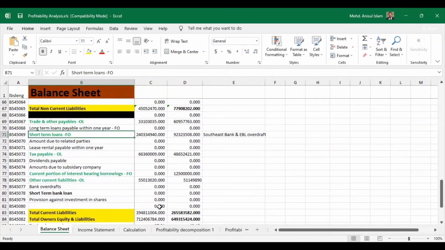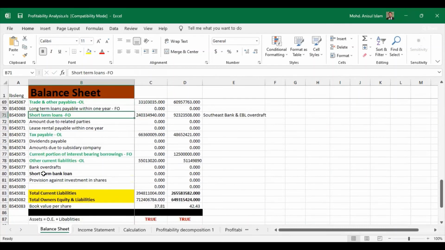For that short-term loan you have some explicit percentage if it is taken from the bank, but this is a financial obligation. There are some operating liabilities for which you might have a precise number for interest cost, but for most operating liabilities the cost is more implicit.